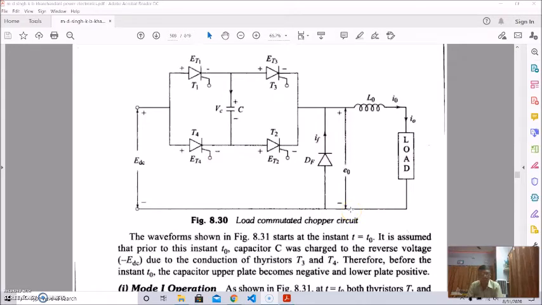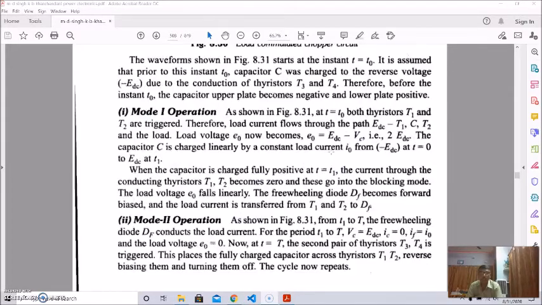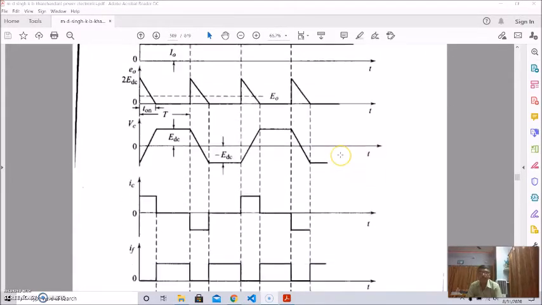For the period t1 to T, VC equals EDC and IC equals 0, the freewheeling diode current IF equals I0, and the load voltage E0 equals 0. That is shown here.